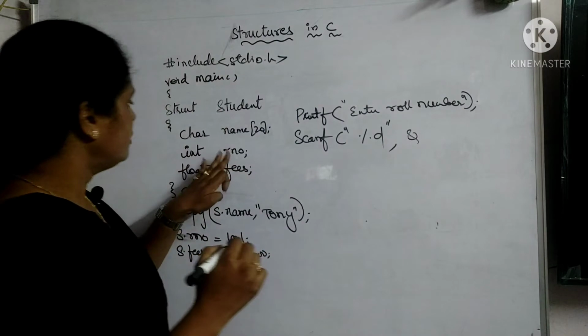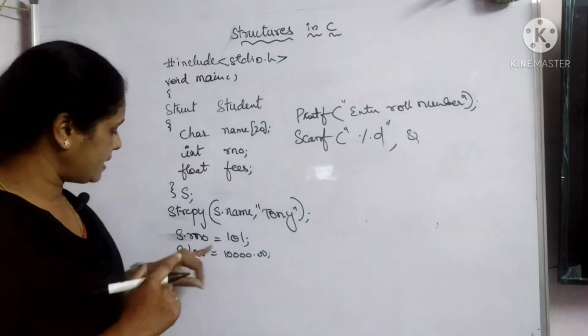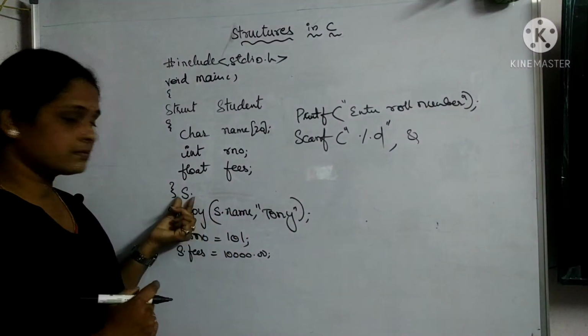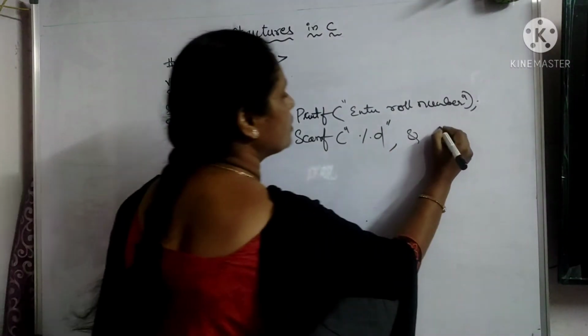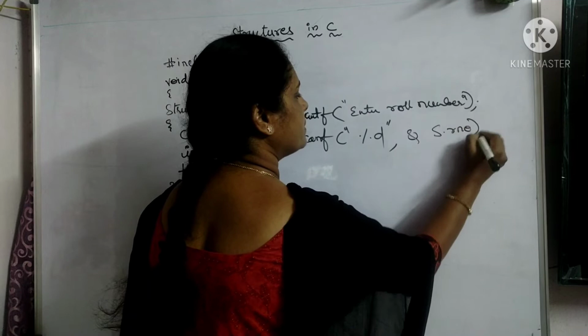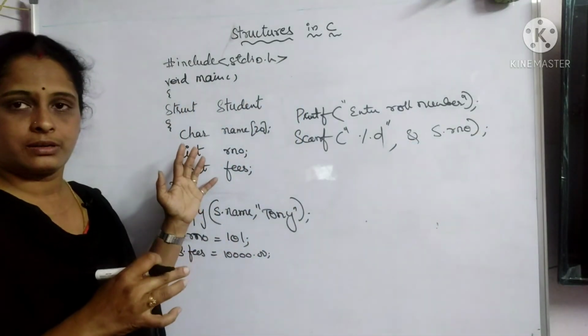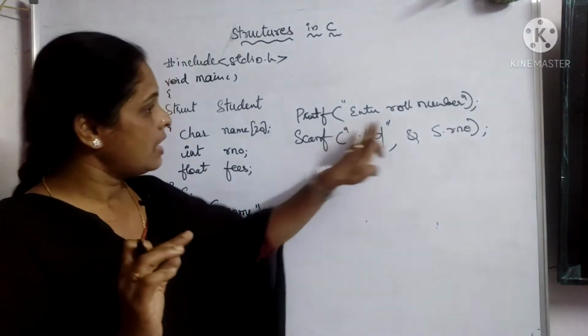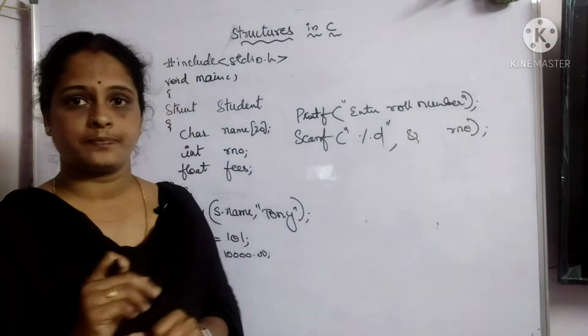ampersand roll number. Again I am saying, if I wanted to access this member, I need its variable. So S dot roll number. If it was not a structure, and I had declared it directly under the main section, I would have given it like this, isn't it?